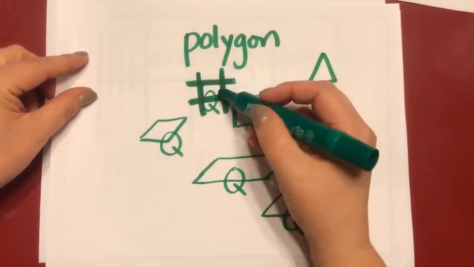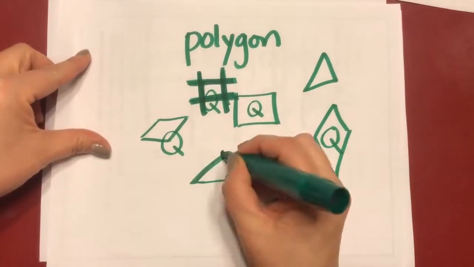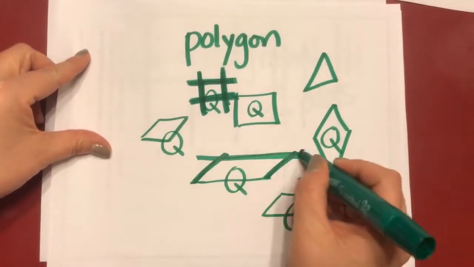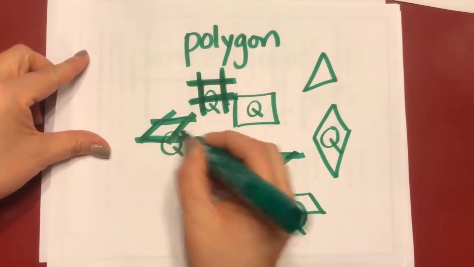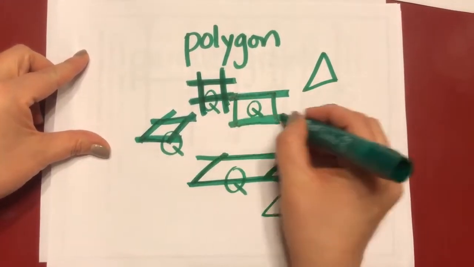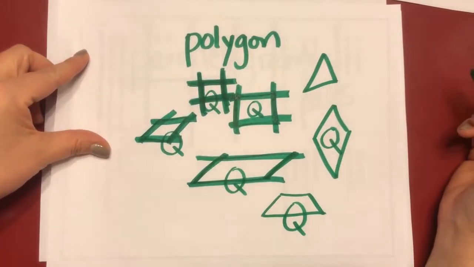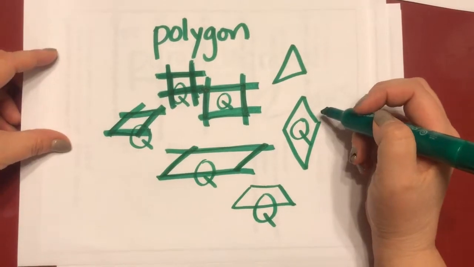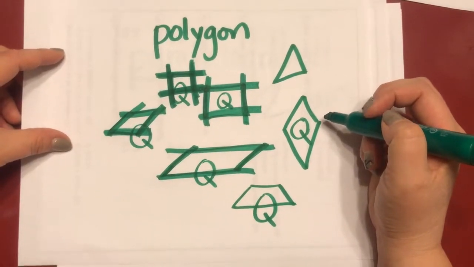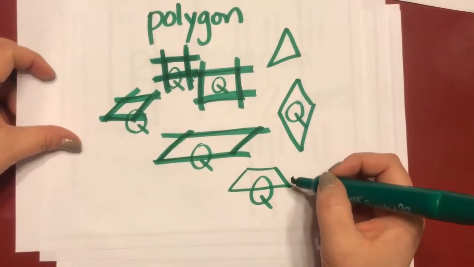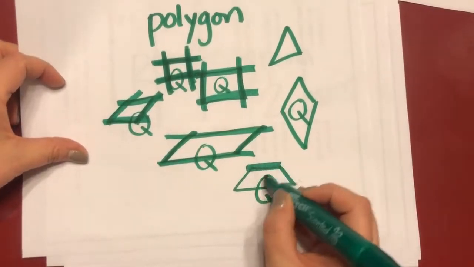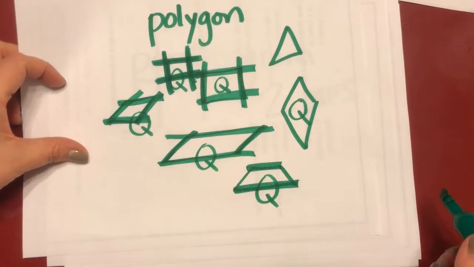It is a parallelogram. So is a rhombus, 2 pairs of parallel sides. A rectangle is a parallelogram. A kite is not. It does not have 2 pairs of parallel sides, so it is not a parallelogram. A trapezoid is not a parallelogram. It only has 1 pair of parallel sides.